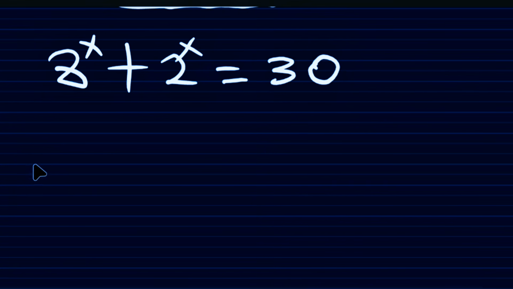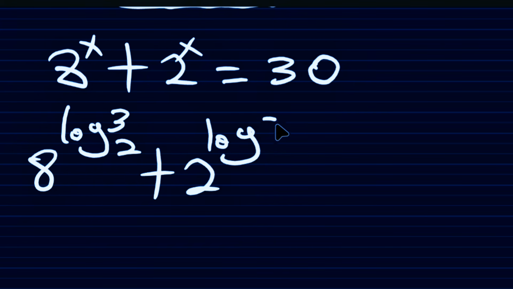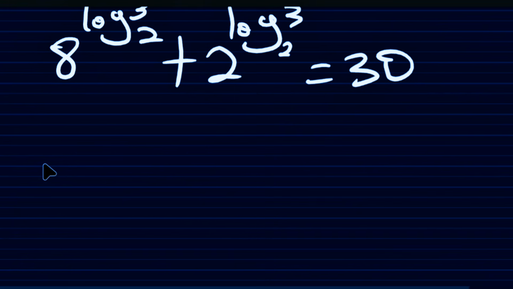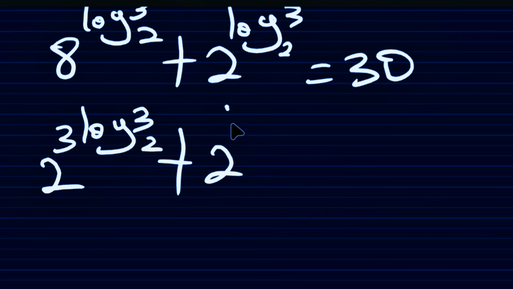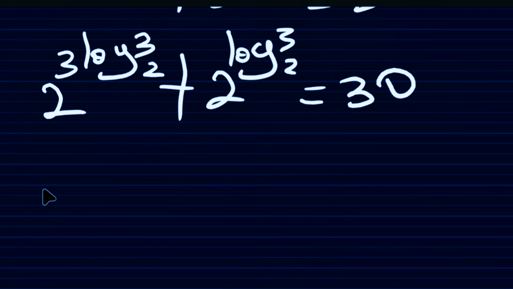If we do that, we are going to have 8^(log 3 base 2) + 2^(log 3 base 2) = 30. Now from here we can express 8 in index form, which is 2³. So 2^(3 log 3 base 2) + 2^(log 3 base 2) = 30.